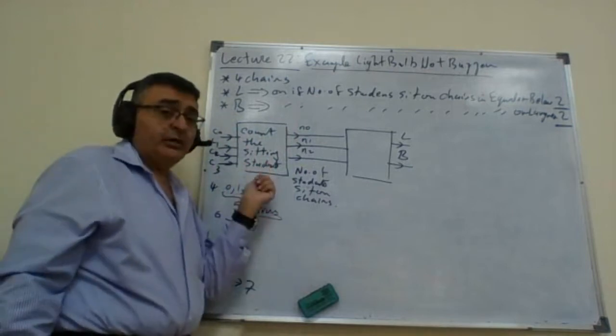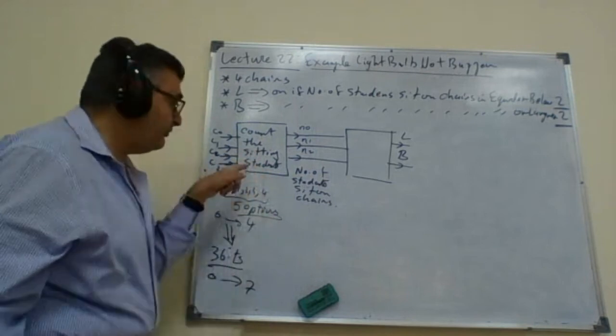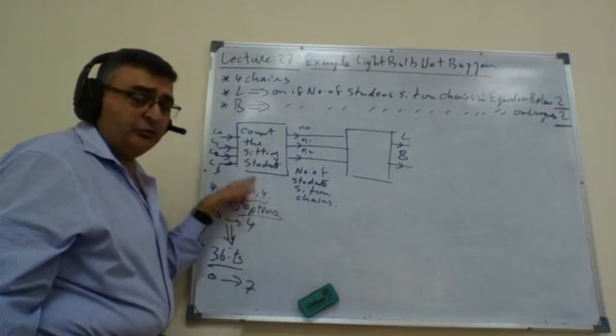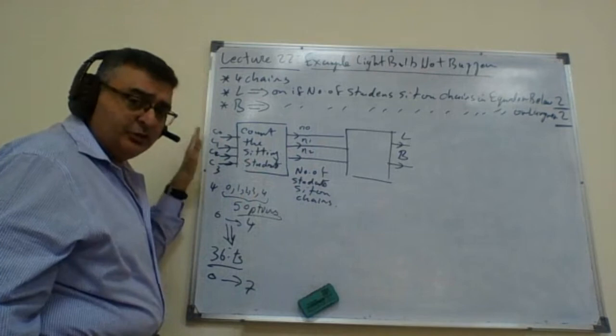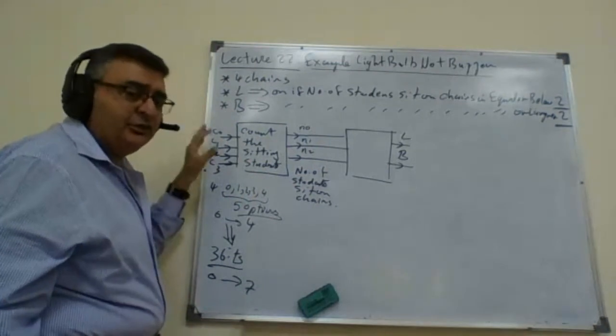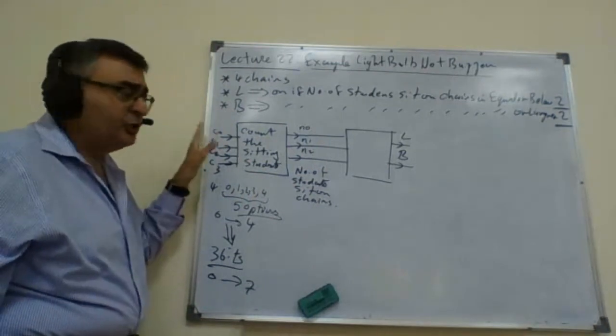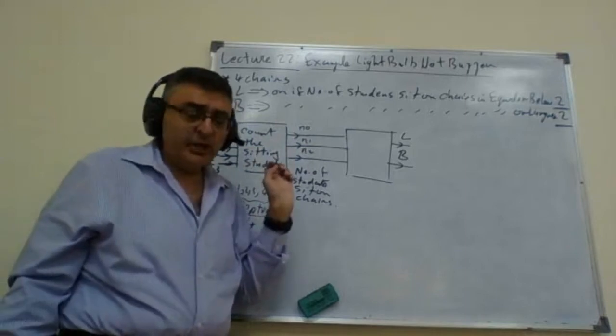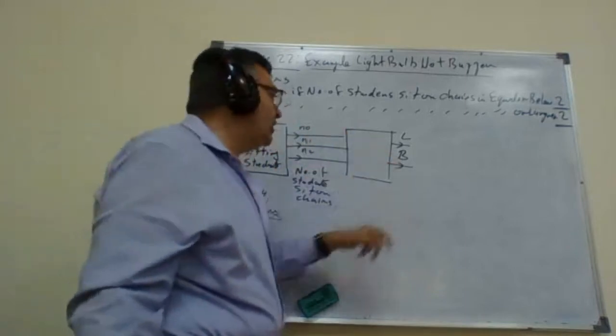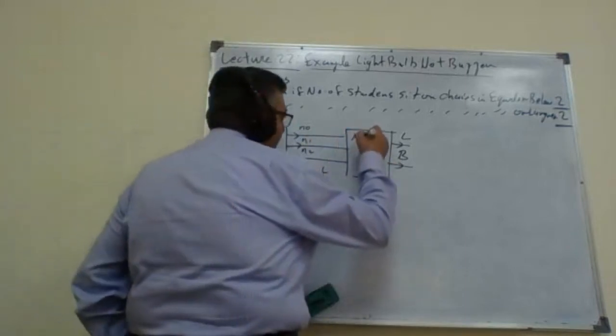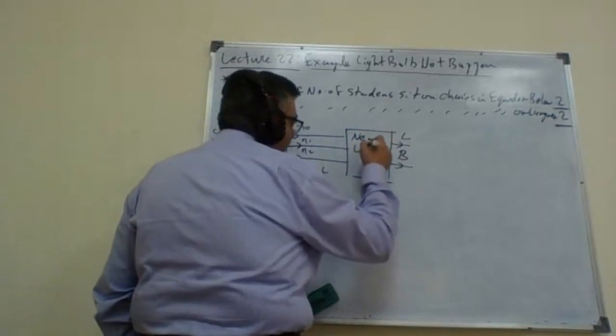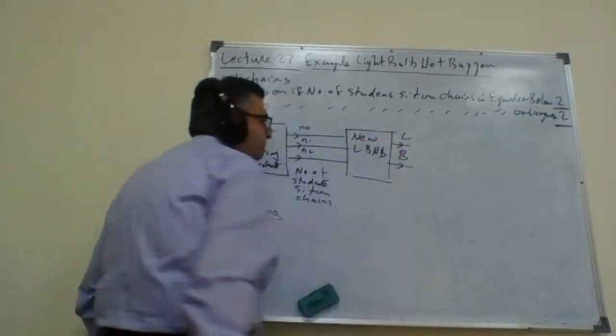Fine. Now we have 2 circuits. We have this circuit that converts the students sitting on the chairs, from distinct values to a number, and the circuit that actually controls the new light bulb, not the buzzer.